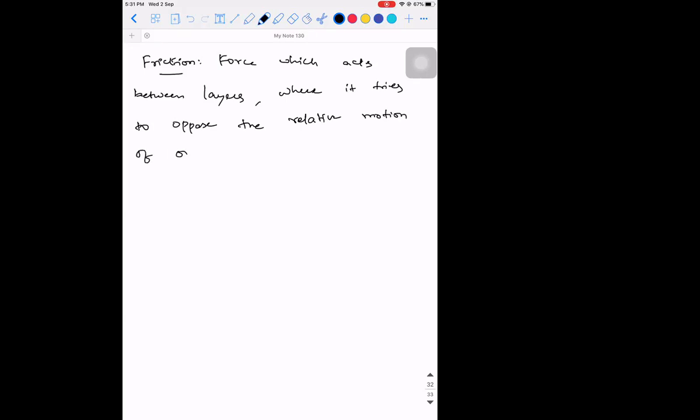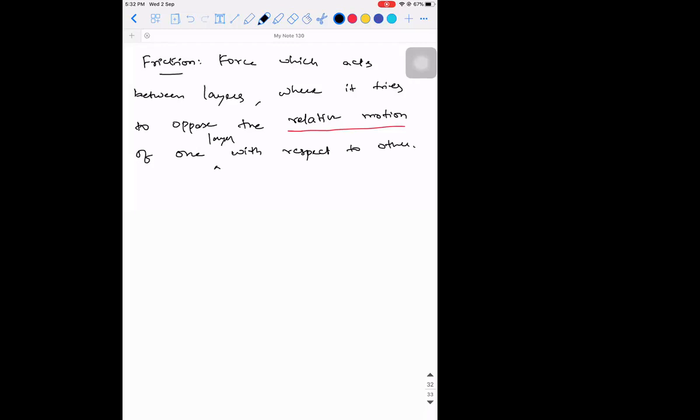The relative motion of one with respect to other. Okay, so write down this. Force which acts between layers where it tries to oppose, underline this word, the relative motion of one layer with respect to other. One means one layer actually.